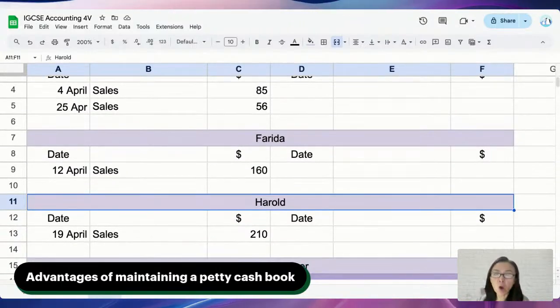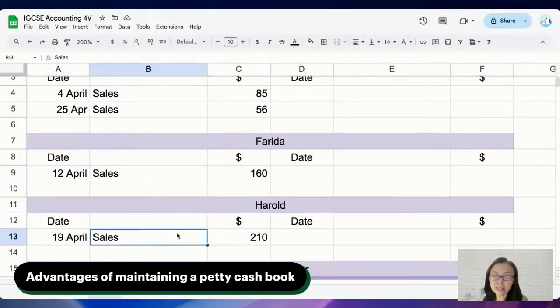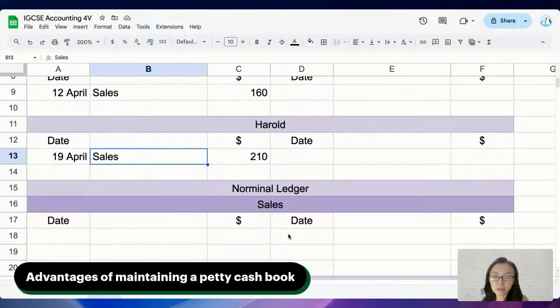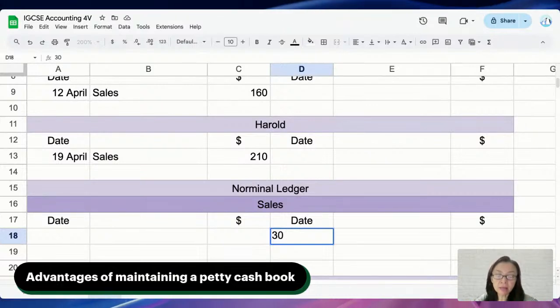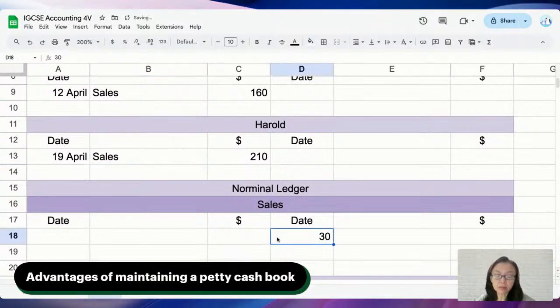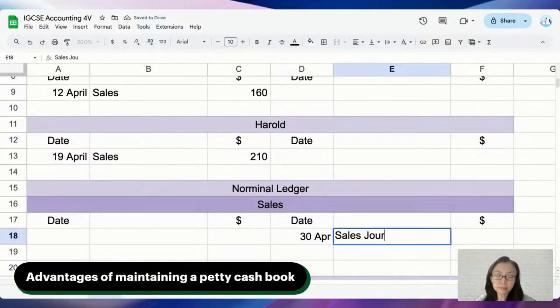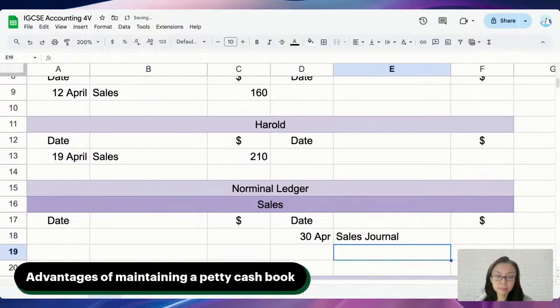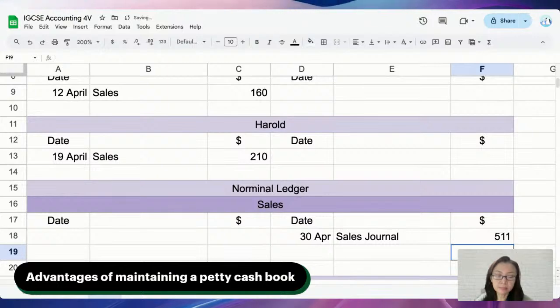Now, this ledger is not balanced. So by the end of the month, we need to post into the nominal ledger account, which has the title sales. 30th of April, sales journal, and the total is 511.